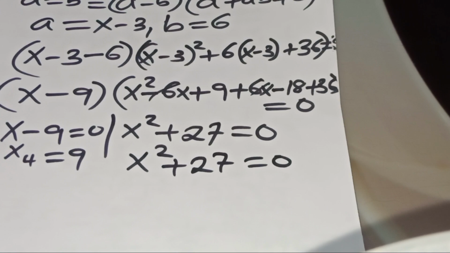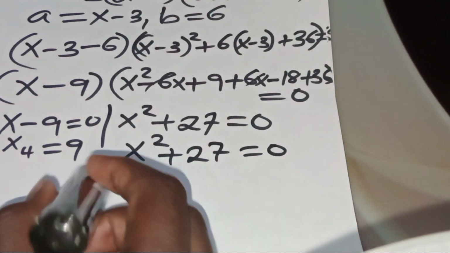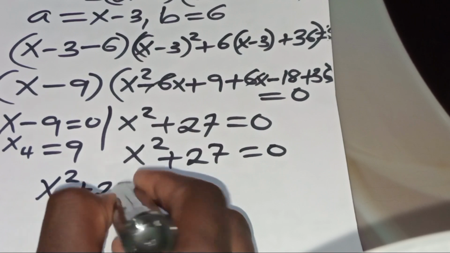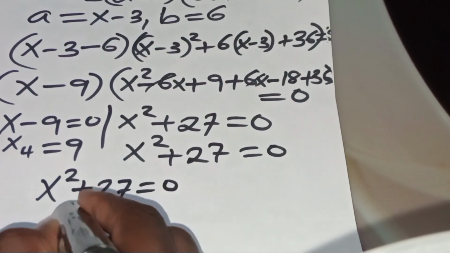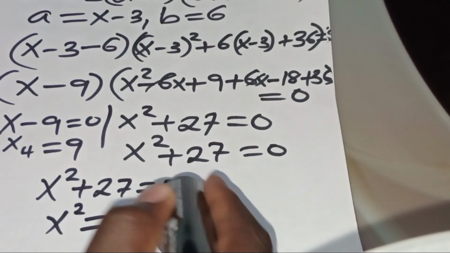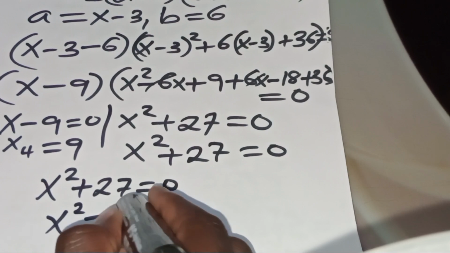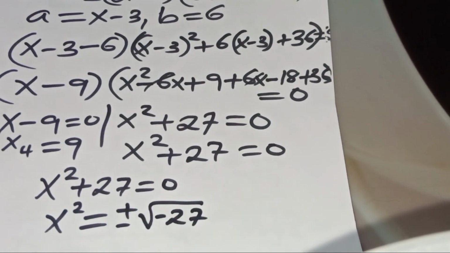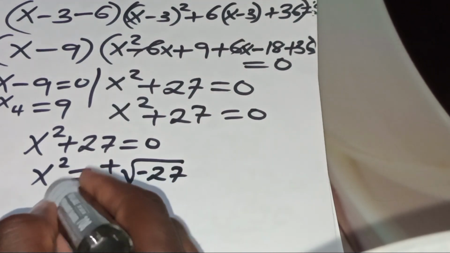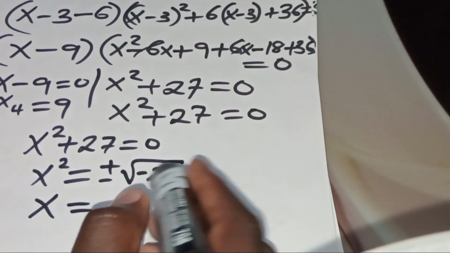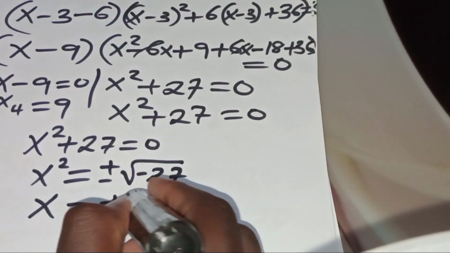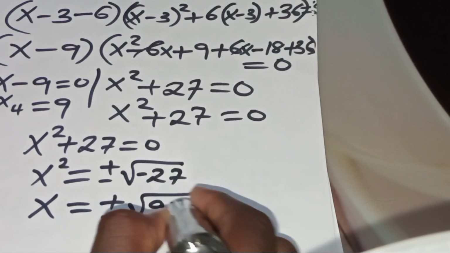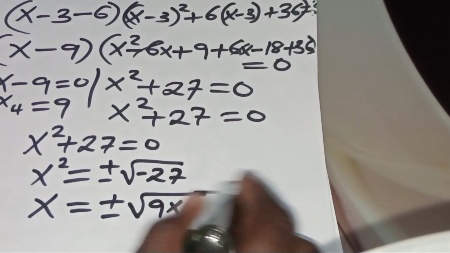Now from what we have here, x to power 2 plus 27 is equal to 0. So that means that x to power 2 is equal to negative 27. Okay, so that means that x is equal to plus or minus the square root of negative 27, which is the same thing as 9 times 3 times negative 1.